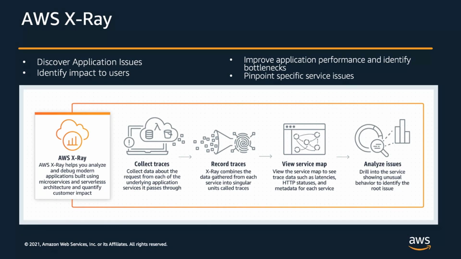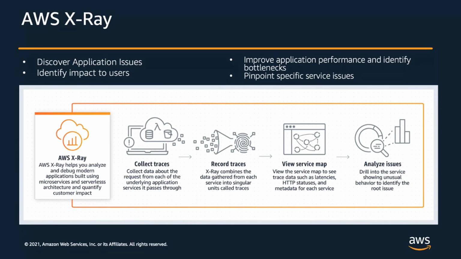Customers who use AWS X-Ray can then, through the service map, see relationships between services and resources in their application in real time. You can easily detect where high latencies are occurring, visualize node and edge latency distribution for services, and then drill down into the specific services and paths impacting application performance. Lastly, it is possible to quickly drill into the service that is showing unusual behavior in order to identify the root cause of the issue.